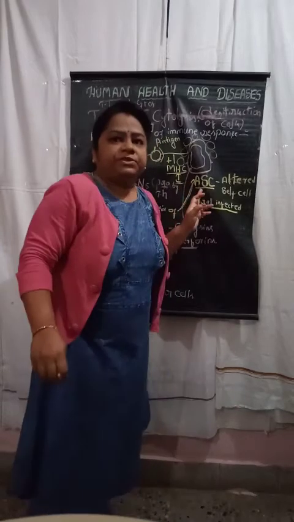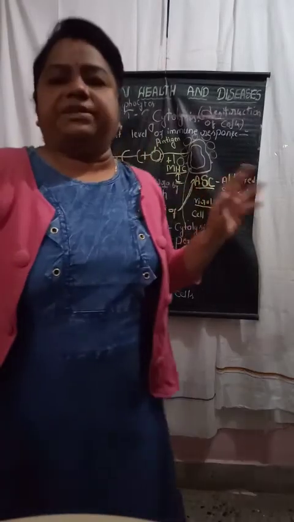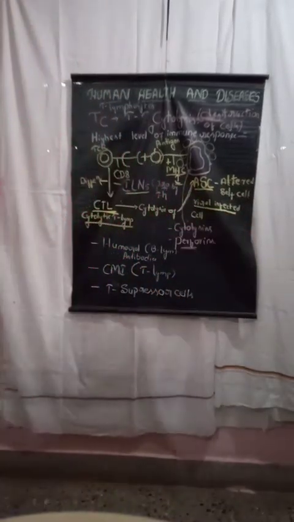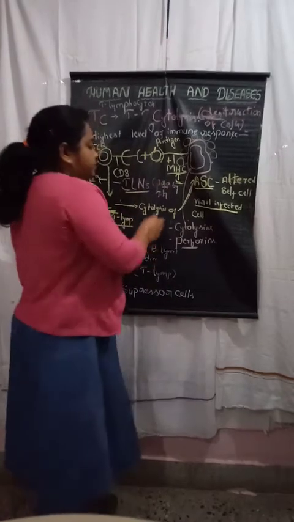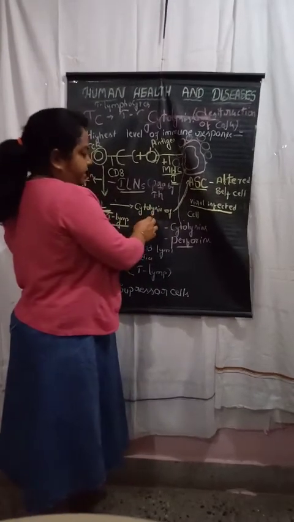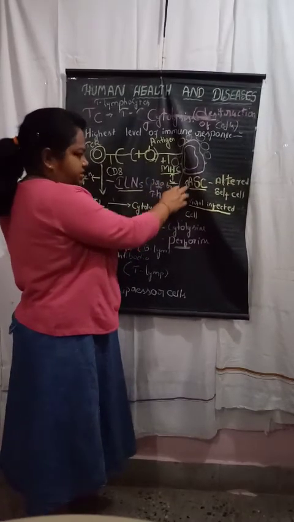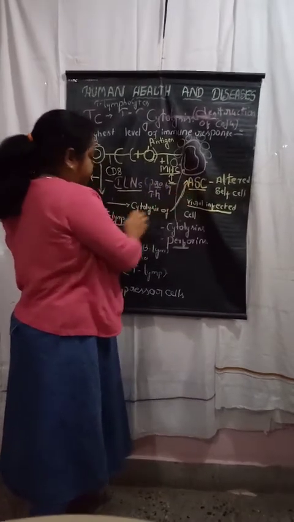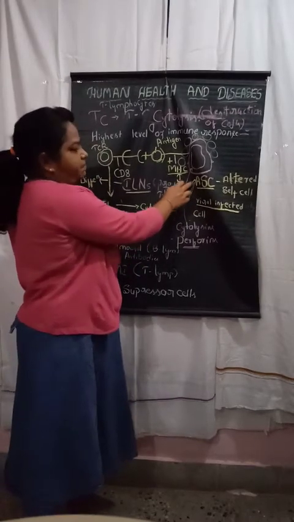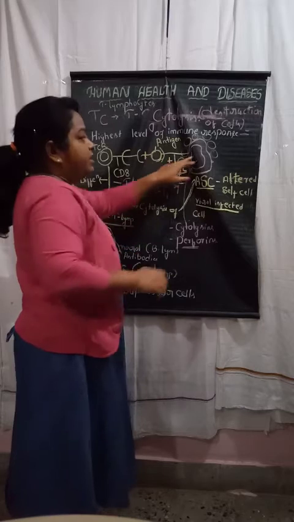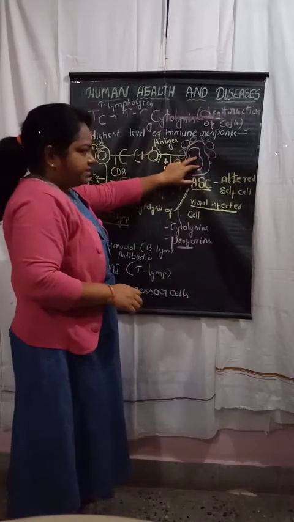So these viral infected cells, what happens? Whenever these CTL cells, cytolytic T lymphocytes, bind here, they undergo what?